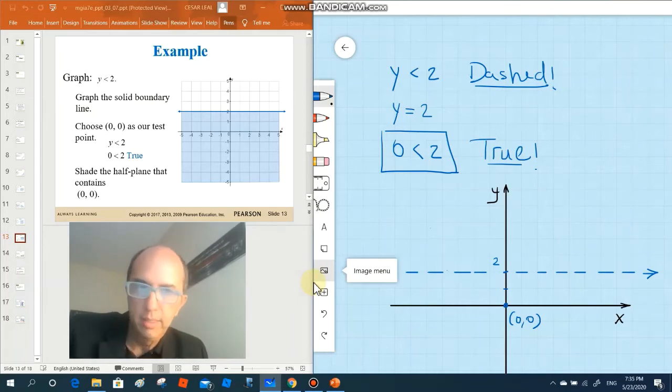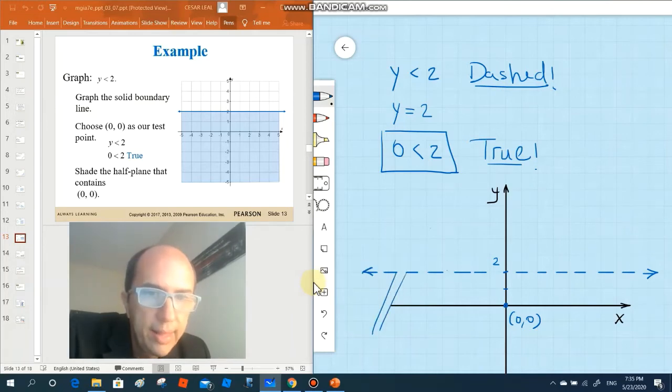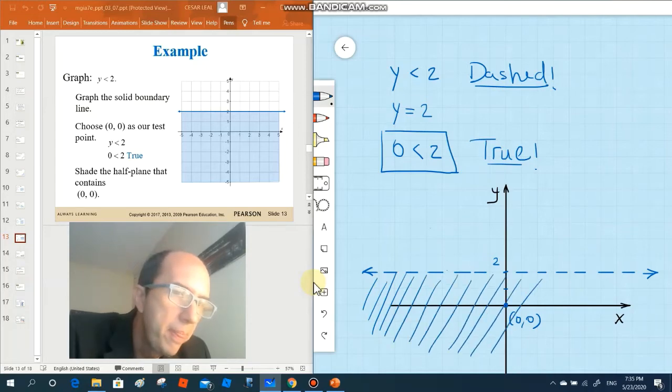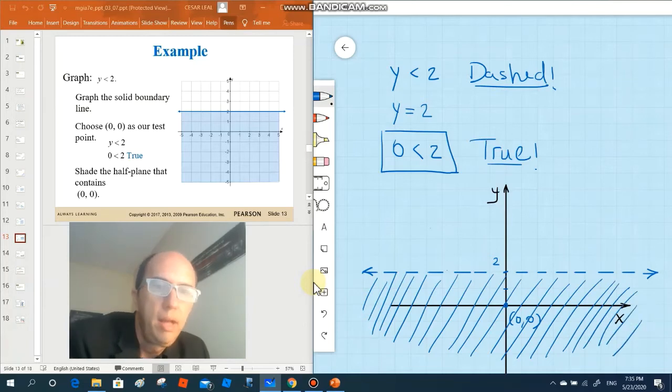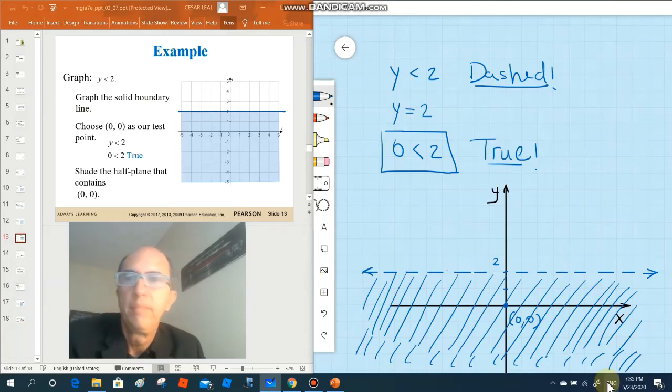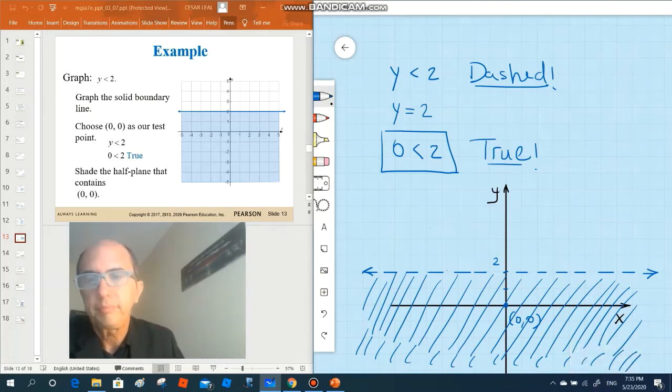So we can dash the area where the point is. All this area here, all the way to infinity. Don't forget, this PowerPoint is wrong. This is not solid. It's dashed.